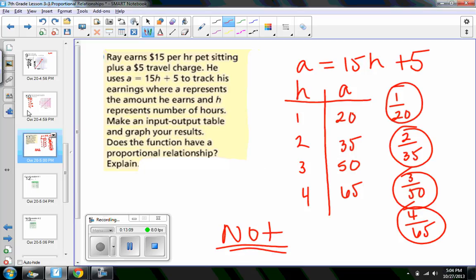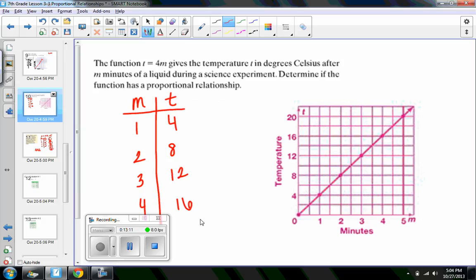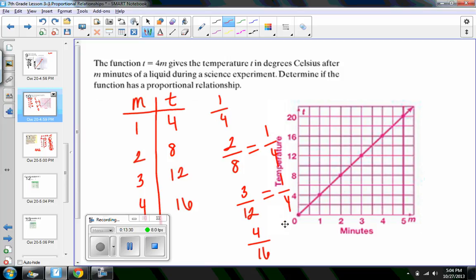Going back to the last two slides, you always want to check to make sure that the ratios are equal, because you will always graph a line, but that doesn't mean that the relationship is proportional. So we want to simplify, and that will help us to see that yes, this graph is proportional.